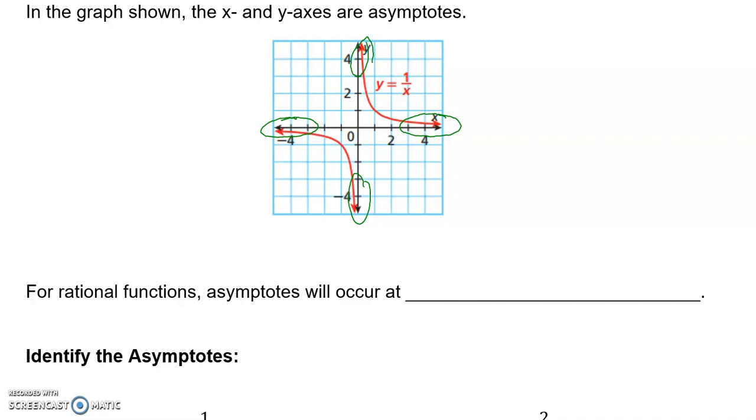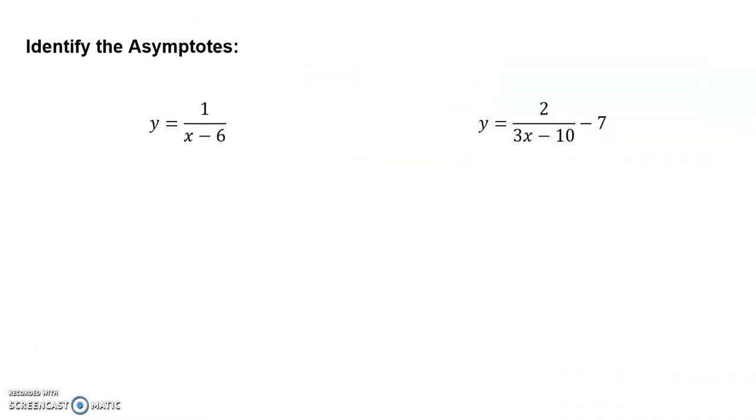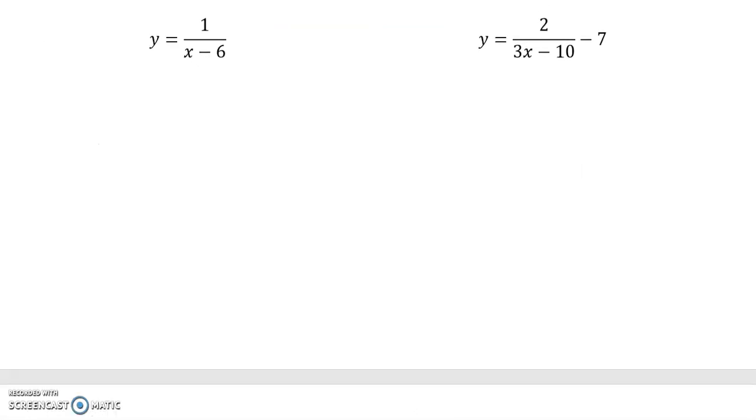For rational functions, vertical asymptotes will occur at excluded values. So now we're going to find the asymptotes.